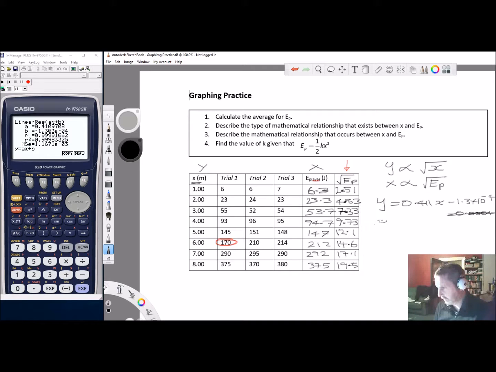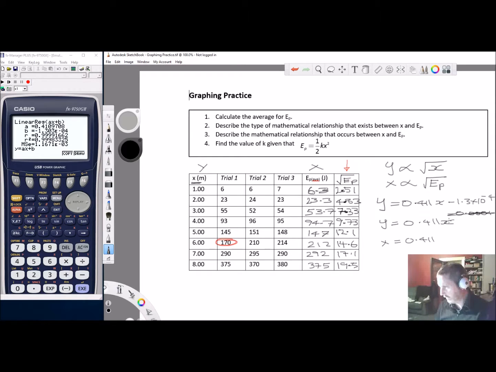So what we really have is this equation here, y equals 0.411x. Okay, but this isn't in the form we want to have it. Now we have to substitute whatever our quantity was for y, which was x for extension. Okay, so x equals 0.411.